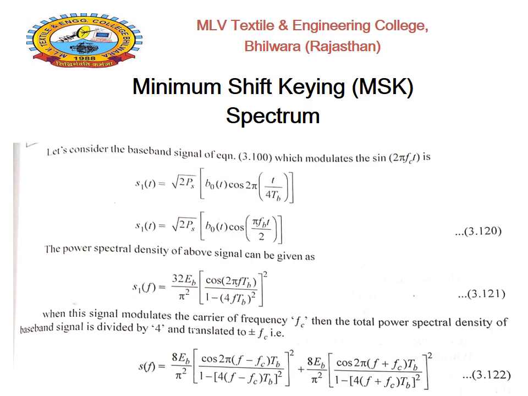The observation is that in equation 3.122, the first component is related to f minus f_c, the lower frequency component, and the second part is related to f plus f_c, the higher frequency component.